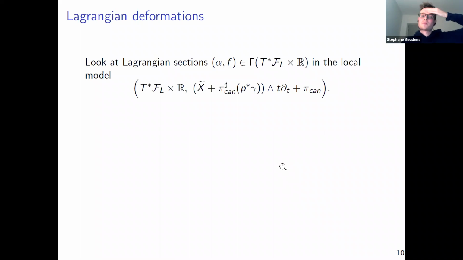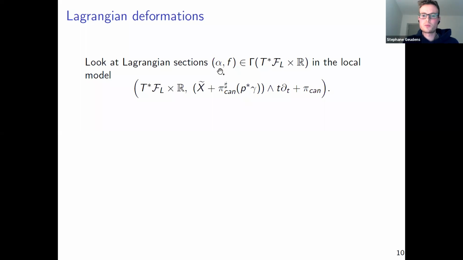Okay, so now if we want to look at Lagrangian deformations of L, we can just look at what happens in this local model that we just found. And we just look at sections for which the image is Lagrangian. And so such a section of T star FL times R has two components, a foliated one form on L, and a section of the trivial line bundle, so a function on L. And well, in the local model, T star FL is the singular locus.